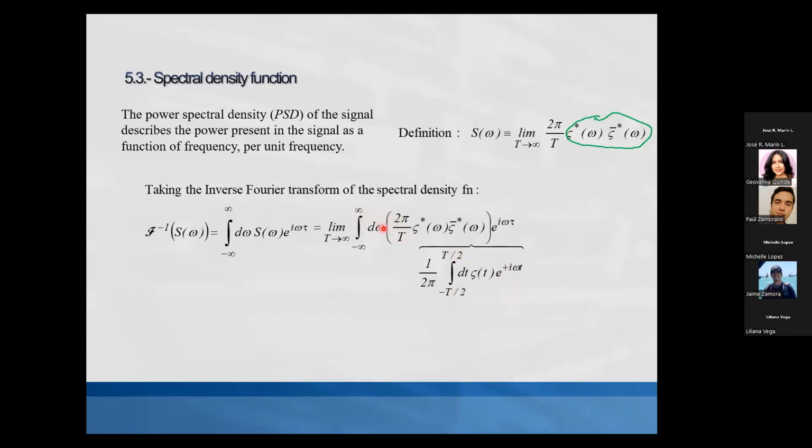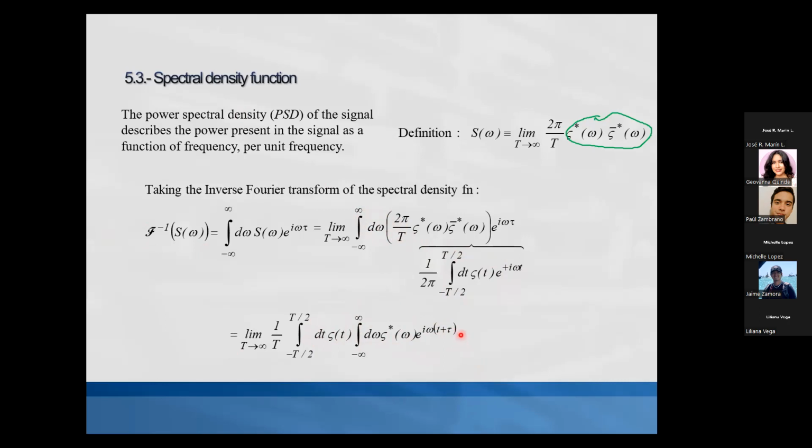If the function is adequate, I mean, it's continuous, differentiable, that means that we can interchange the integration of the two variables. So instead of first in time, then in omega, first we are going to integrate in omega, and then in time.